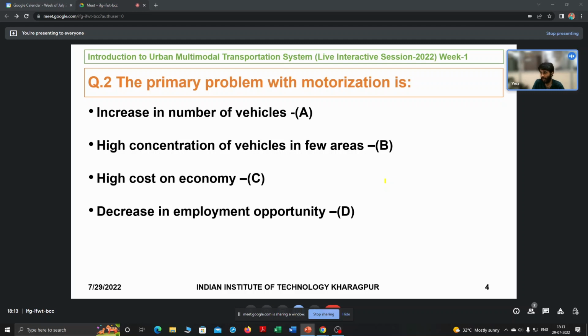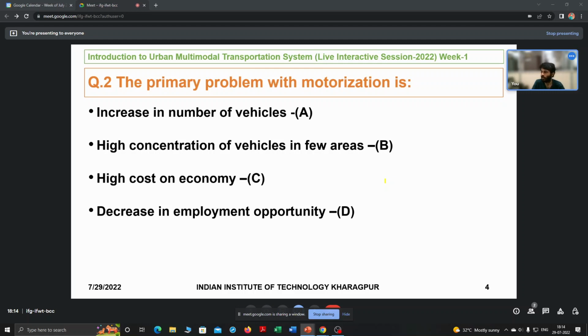Now as this vehicle concentration increases, it will create congestion on roads, and because of the negative congestion cost associated with this higher concentration of vehicles in these areas, it is negatively impacting the economy, because as you know, transport is directly affecting the GDP of a country, right?